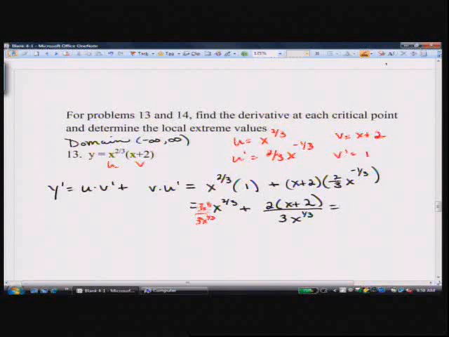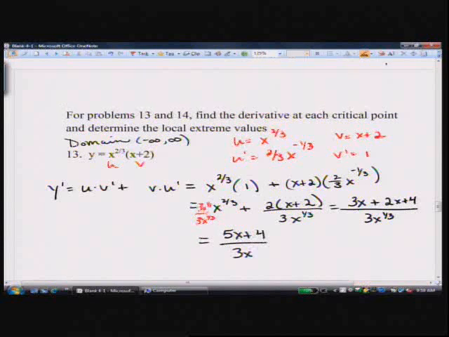And this is 3 times x to the 1/3 times x to the 2/3. What happens there? You get 3x. Because remember, when the base is the same you add the exponents, so 1/3 plus 2/3 is 3/3. And then here you get 2x plus 4, if I distribute that out. So this fraction cleans up to be 5x plus 4 over 3x to the 1/3.